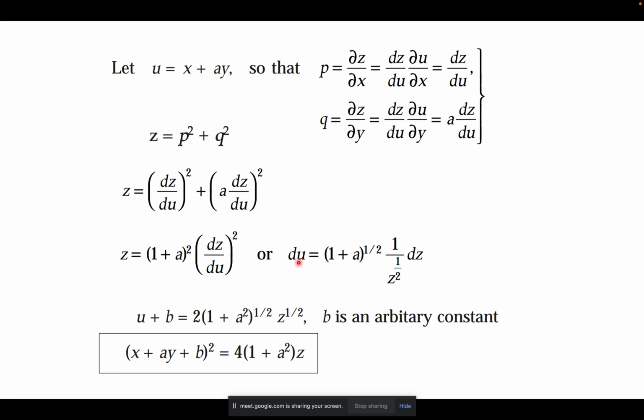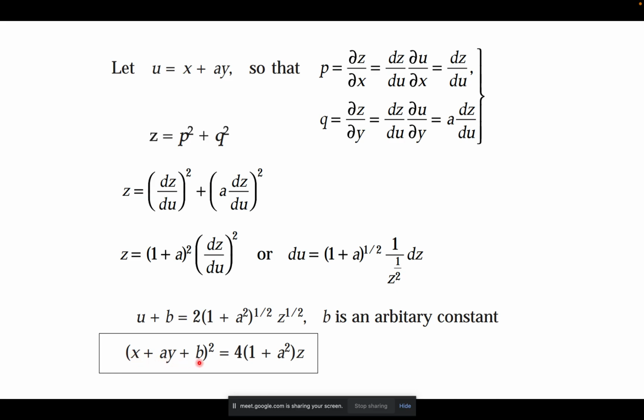So what you will have, you will have u plus b, right? Because the integration of u will be u plus some constant b, plus if you now do the integration of 1 by square root of z dz, you will get 2 times square root of 1 plus a square, where now I have written this correct. So you have square root of 1 plus a square times z power half, right?